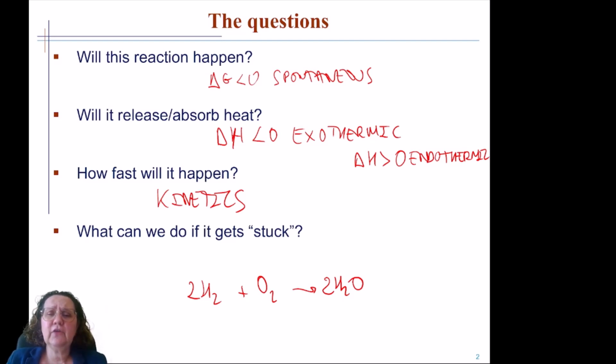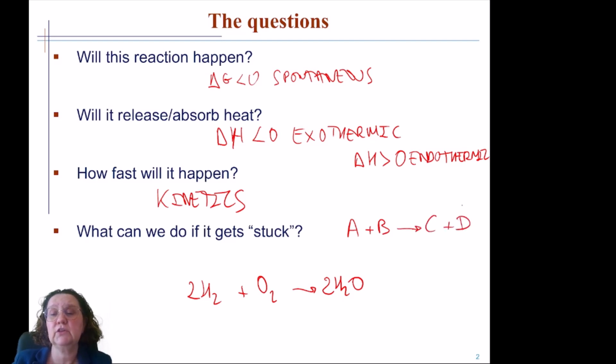And something else I need to consider is what happens if a reaction gets stuck. By that I mean, typically one has a certain number of reagents, let's say A and B, and makes certain products in certain quantities, let's say products C and D, and that's all well and good.